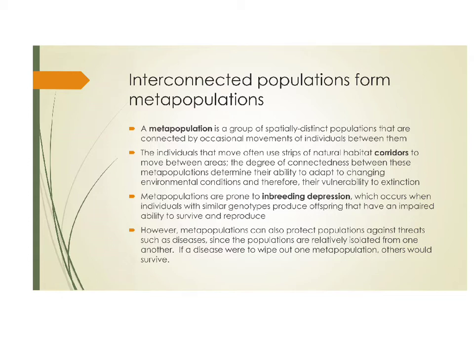So, for instance, if one population is wiped out from a disease, and the organism that was going back and forth between that population and the other population is wiped out, then the other metapopulations of that species would be able to survive and not succumb to the disease.